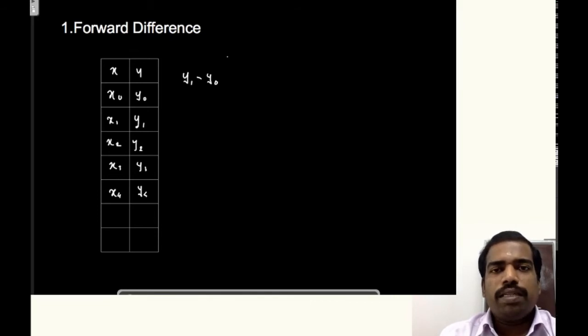You can express this functional difference, y1 minus y0, in terms of the forward difference operator delta. So if you see this delta, you have to understand this is a forward difference operator. Then you have to write y0. So y1 minus y0 can be expressed in forward difference operator as delta y0.